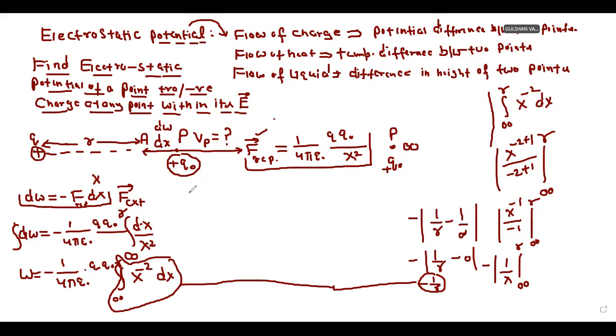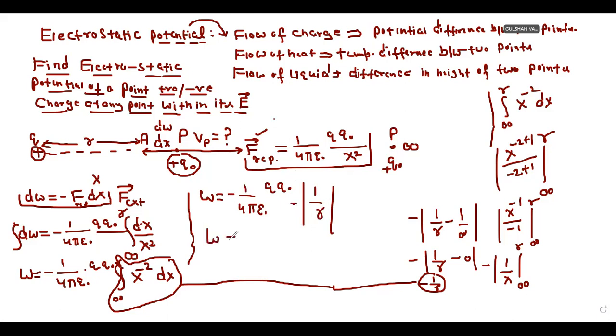So what do I get? W is equal to minus 1 upon 4 pi epsilon naught q naught, and this is minus 1 upon R. So this minus and this minus become plus.